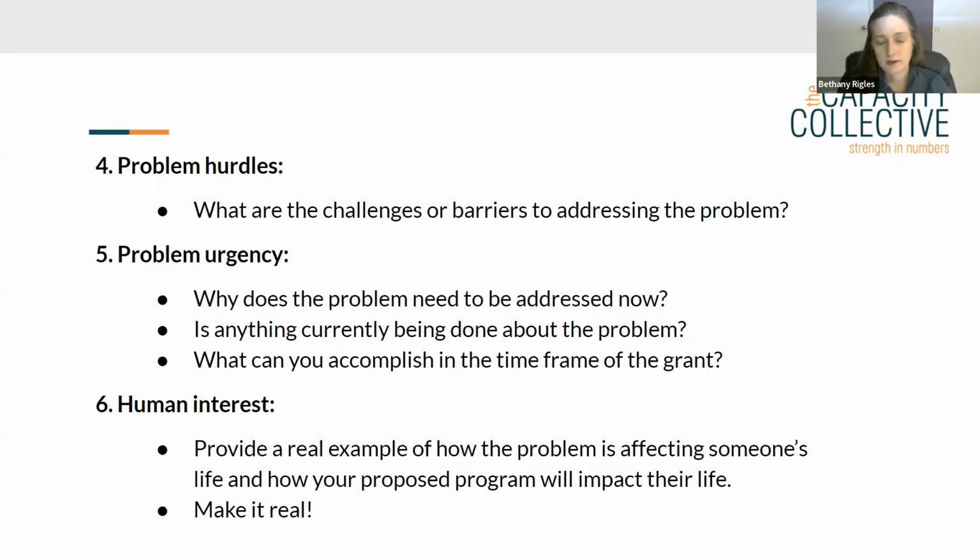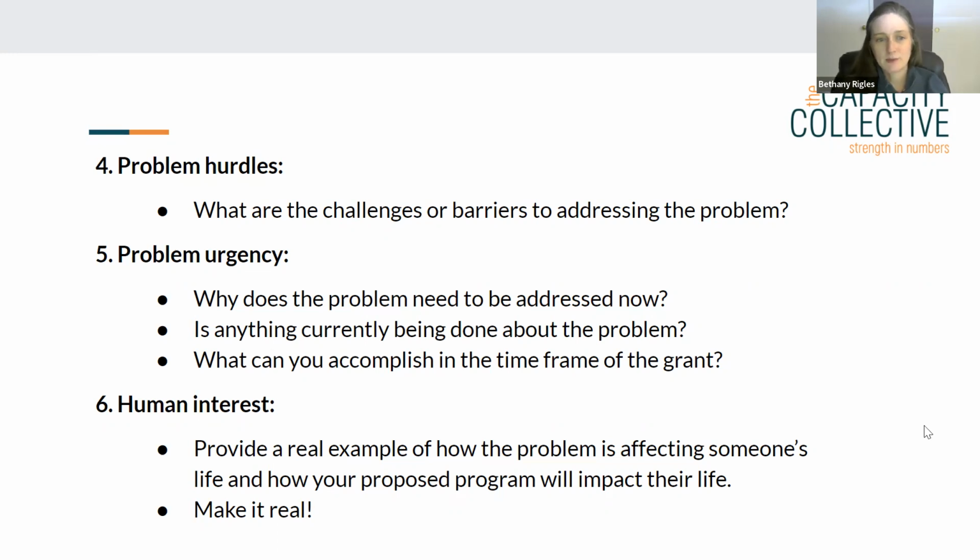And then you also want to be realistic about what you're proposing to accomplish in the time frame of the grant. As I'm sure you've all seen, some grants are for 3 months, some are for 5 years. You need to adjust your plan accordingly.